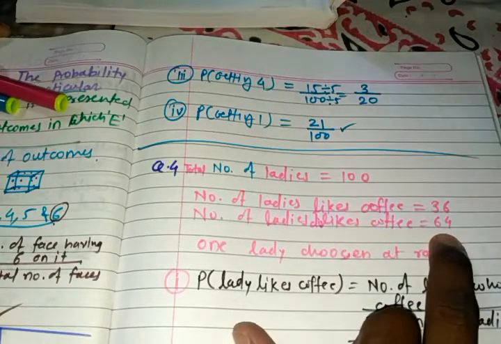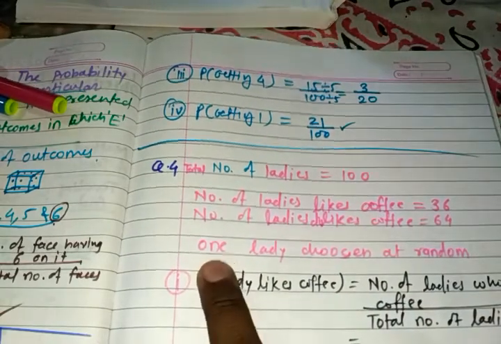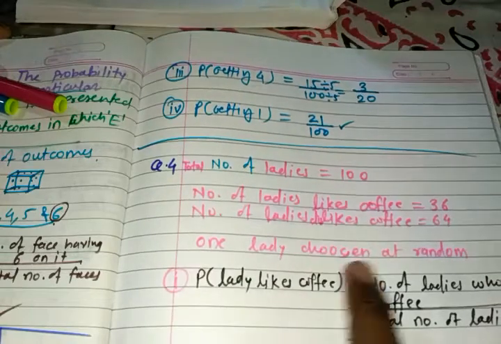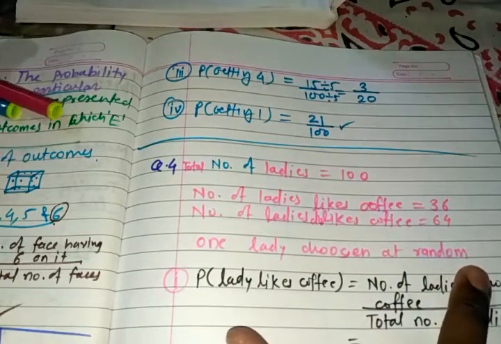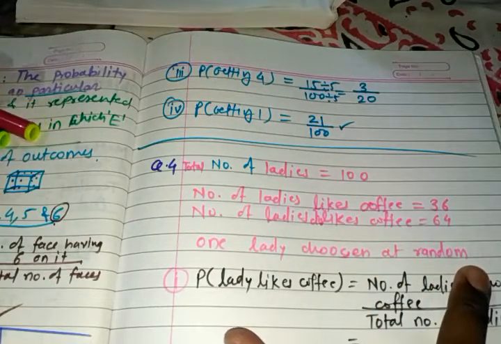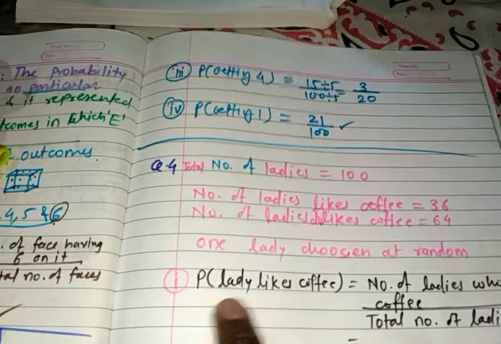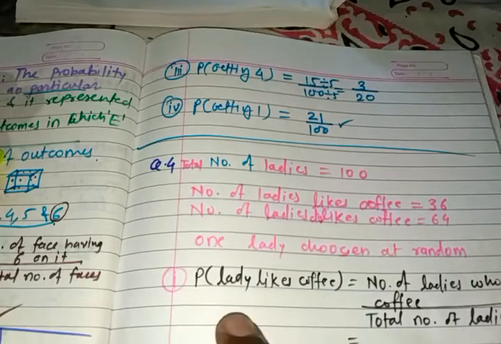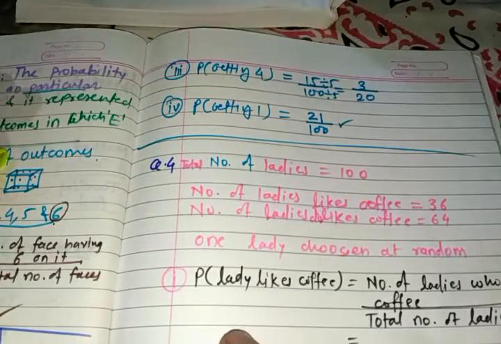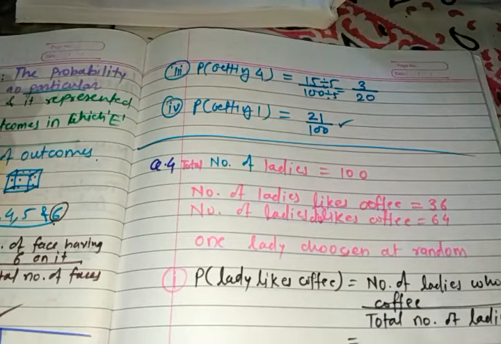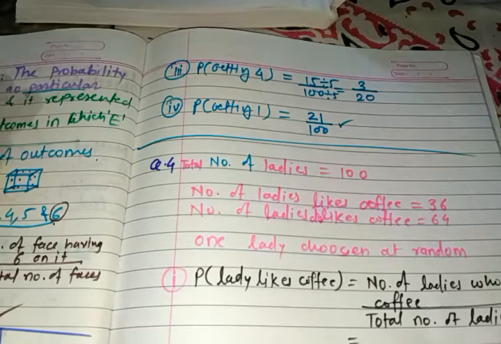They are 64. Now one lady is chosen at random, right? Randomly means out of 100 we choose one lady, and we have to find the probability that the lady likes coffee. That means what are the chances that the lady likes coffee, right? That we want to find.